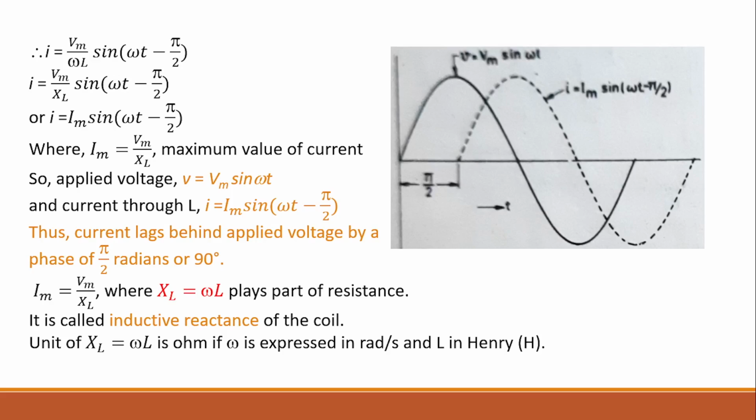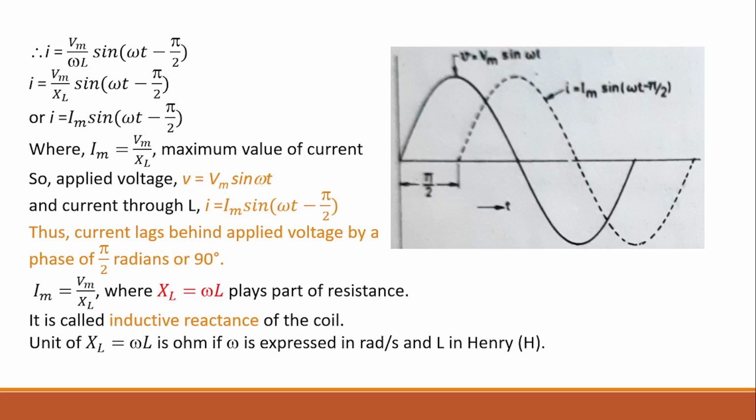Let us see AC through capacitance. As shown in the figure here, a capacitor of capacitance C, actually a parallel plate capacitor, is connected across an AC voltage source, V equal to Vm sin omega t. Current I flows through the capacitor. Due to current I, the capacitor charges in one direction and discharges exactly in the opposite direction.